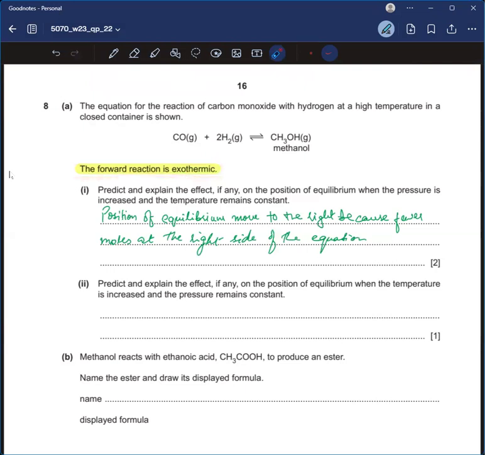It tells us that the forward reaction is exothermic, and the backward reaction would obviously be endothermic. So we know that when the temperature is increased, the equilibrium moves towards the endothermic side. Why? This is to nullify the effect of increasing temperature.